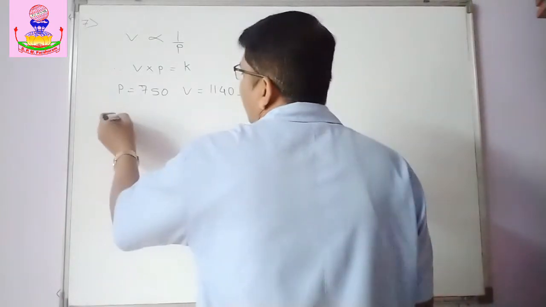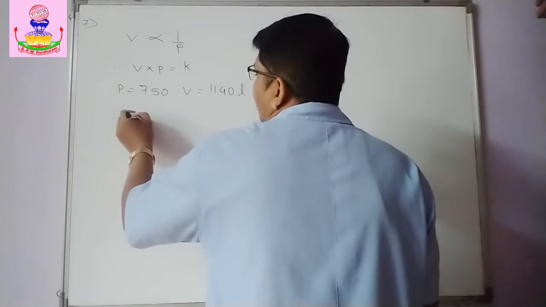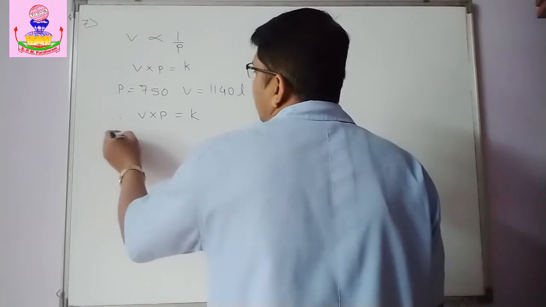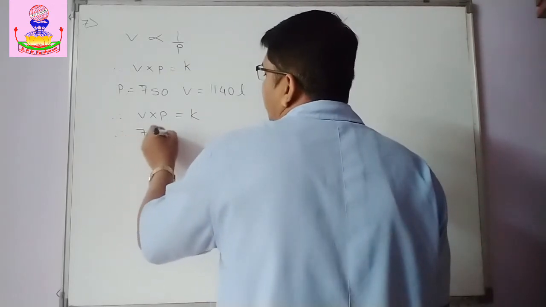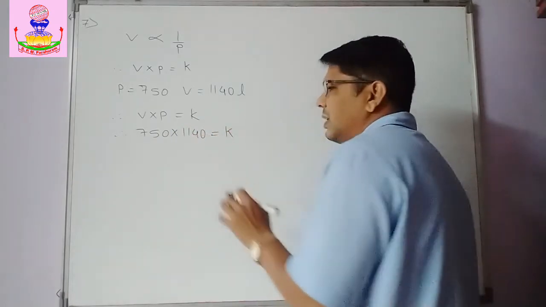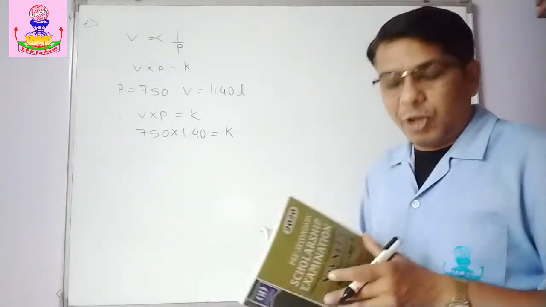So from that we can calculate the value of K. We know that V into P is equal to K. So 750 into 1140 is equal to K. Don't multiply it, keep it as it is, it will get cancelled. So we got the value of the constant.